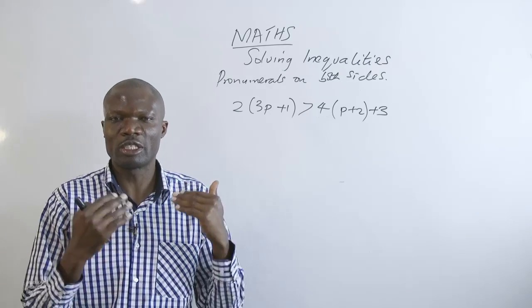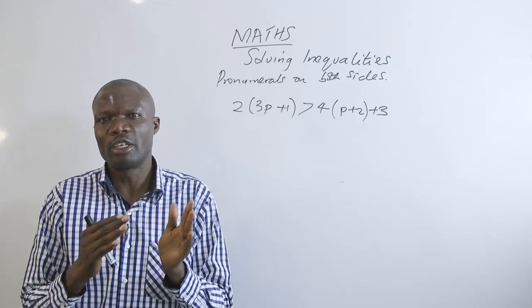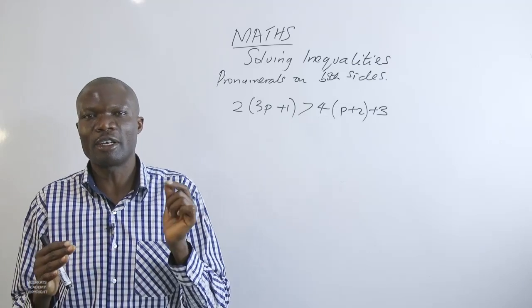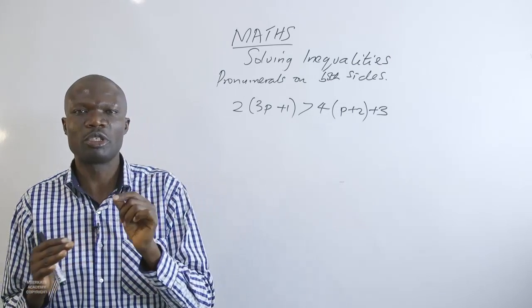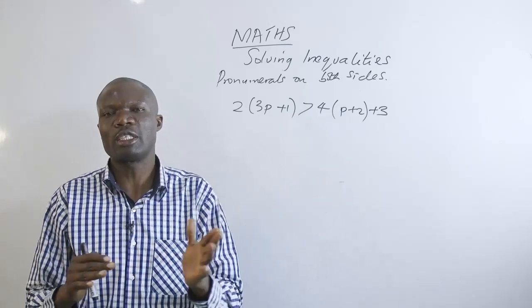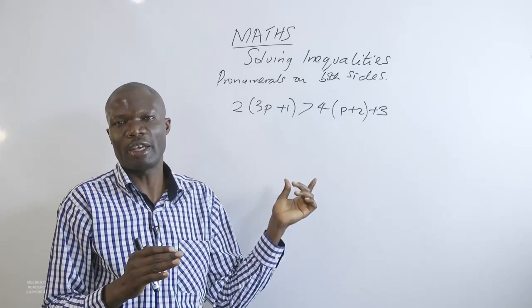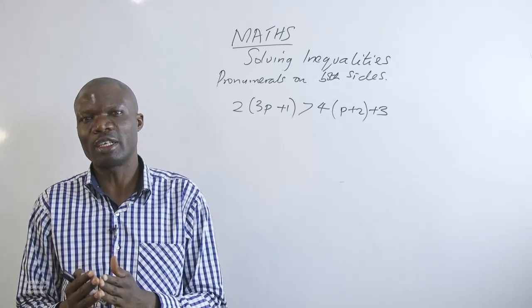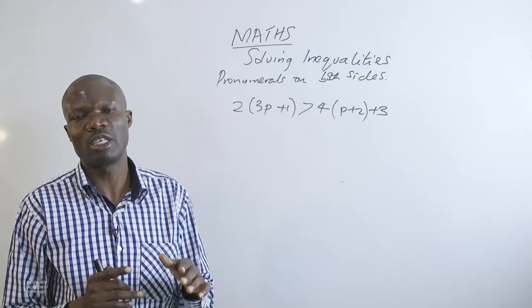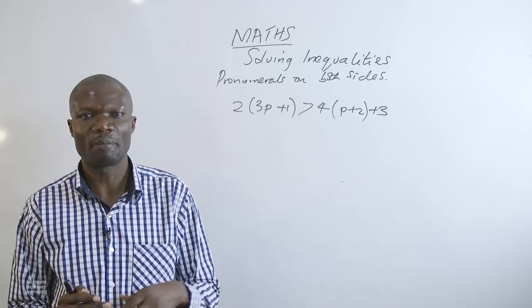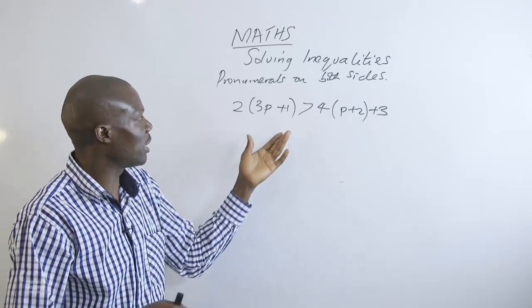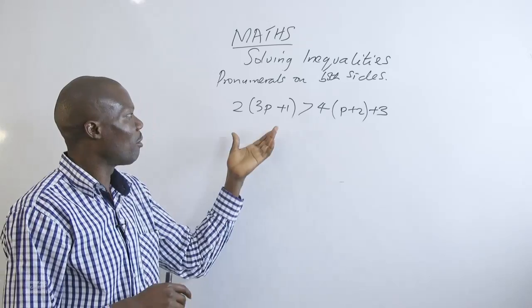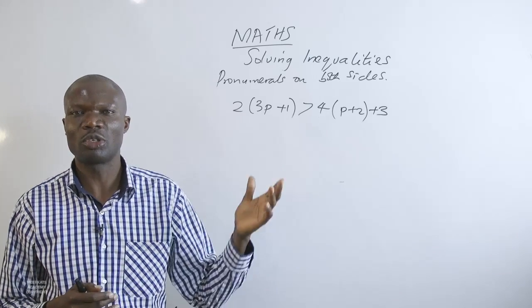And to expand, we shall still observe the rule of the distributive law, the way it applies in the equation will also apply here. So we expand by removing the brackets, and then we collect the like terms, maintaining the inequality, and then we follow the procedure until we solve this. This is an example of inequalities with brackets.